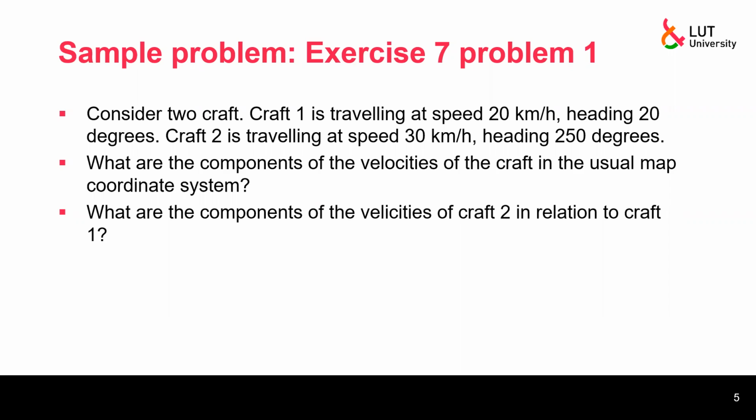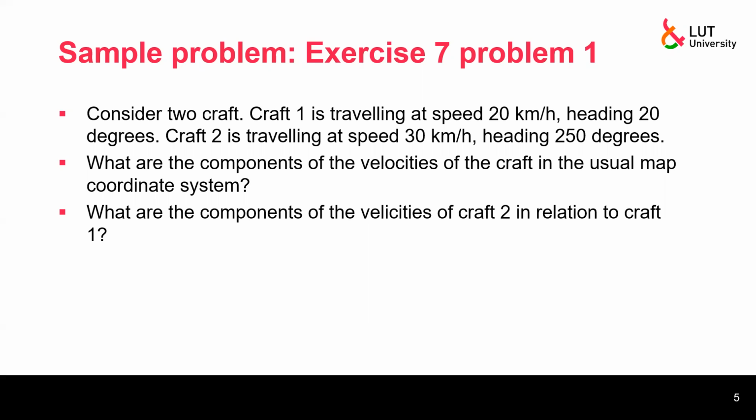So consider 2 craft. One is traveling at 20 kilometers per hour heading 20 degrees. Craft 2 is traveling 30 kilometers per hour heading 250 degrees. What are the velocity components of craft in the usual map coordinate system? Okay, so this problem in the original version says that 0 degrees points north and 90 degrees points east.